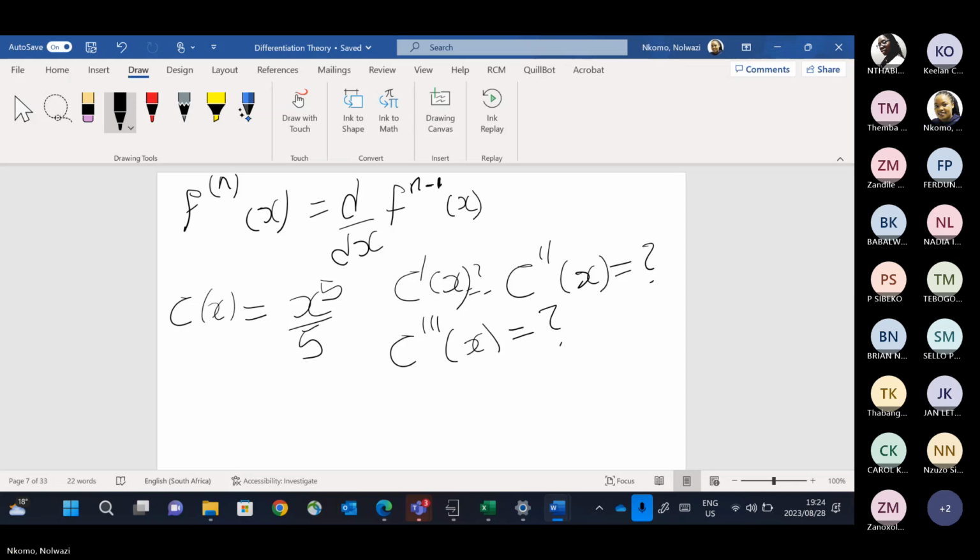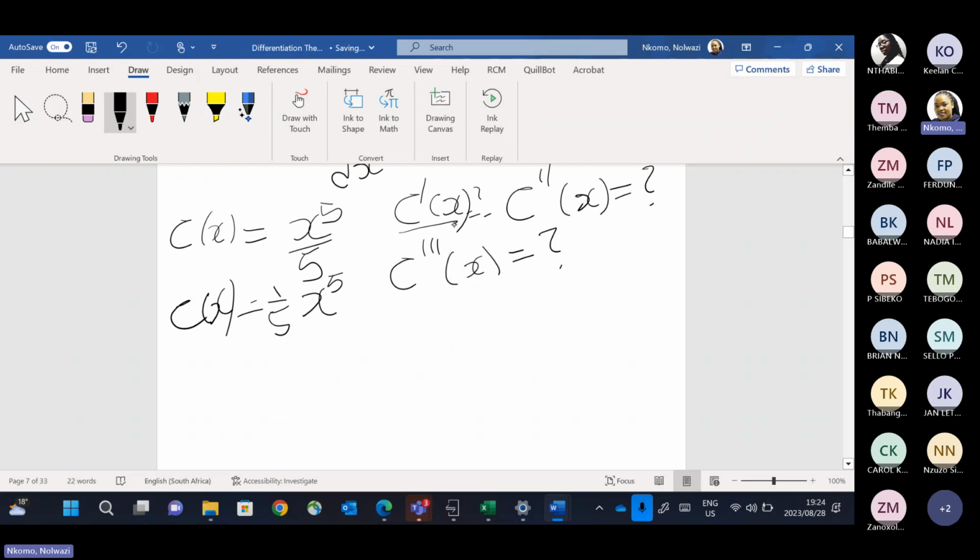Okay. Again, suppose we are given this function. This function is 1 over 5 x to the power 5. This is c at x, right? We are asked to find the first derivative, the second derivative, and the third derivative. If this is the case, this means the first, which is c prime at x, would be dc at x with respect to x, right?